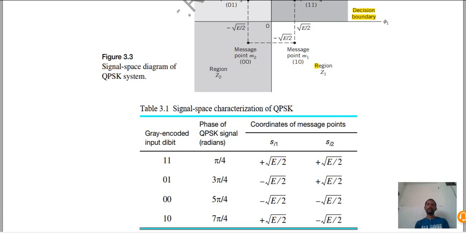Those are listed in column 3 and column 4, which is also based on the even and odd numbered bits.